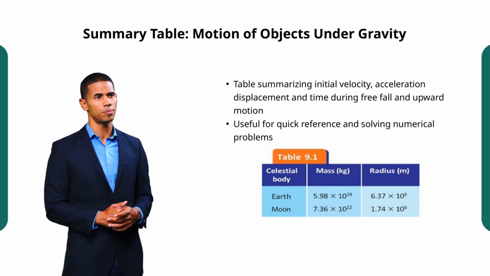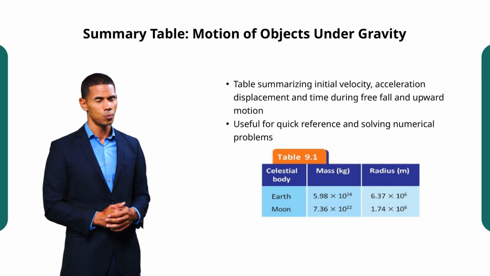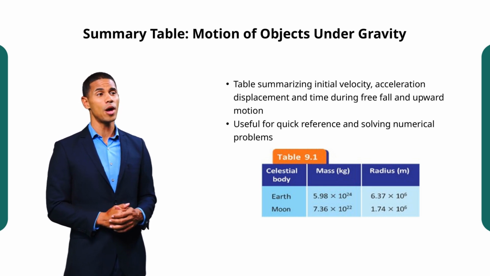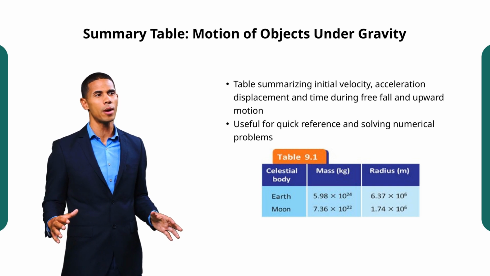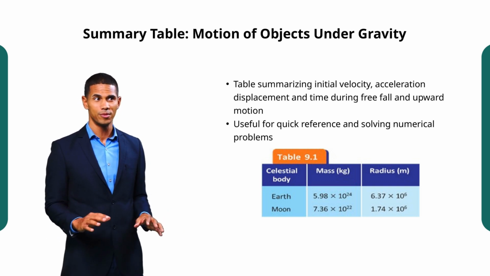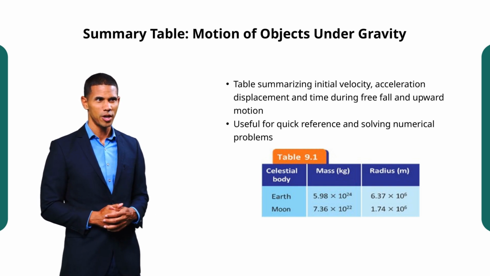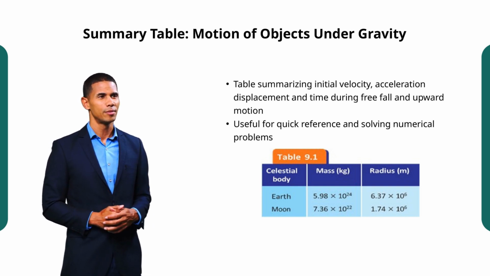Displacement describes how far the object moves, whether falling down or rising up. At the highest point of upward motion, the final velocity becomes 0 before the object reverses direction. This table will help you quickly handle problems without confusion about signs or variable meanings.